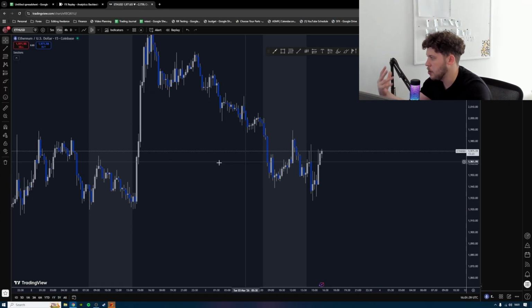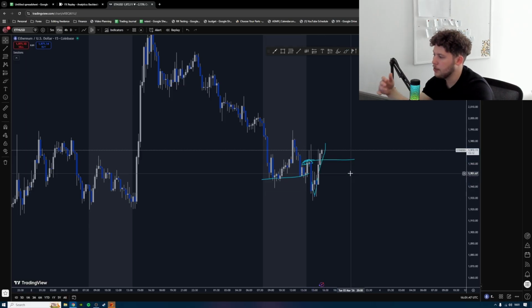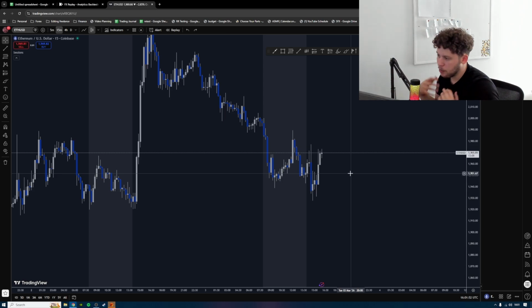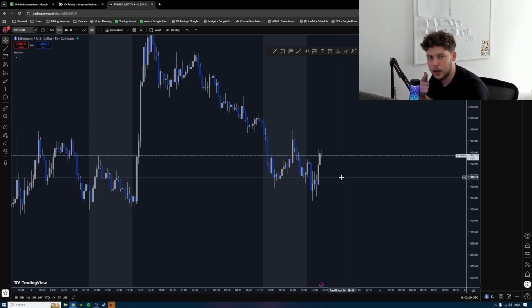Because for example, with Ethereum, you might see it prints a high that breaks below both lows, and now it's pushed up and broken the high, so it could potentially be reversing. But it's the exact same process with reversals, just using this simple blueprint of structure, which is same time frame, most recent high and low.